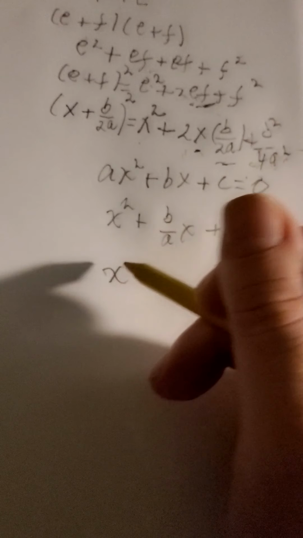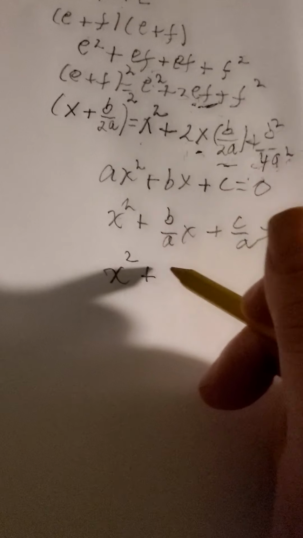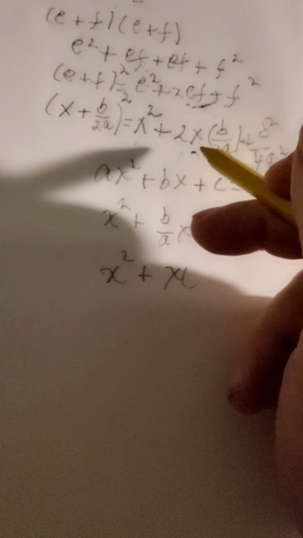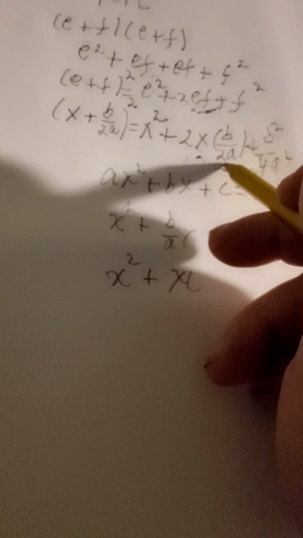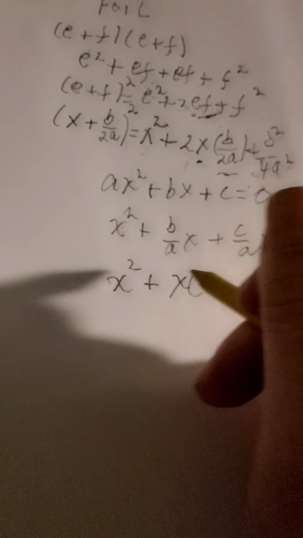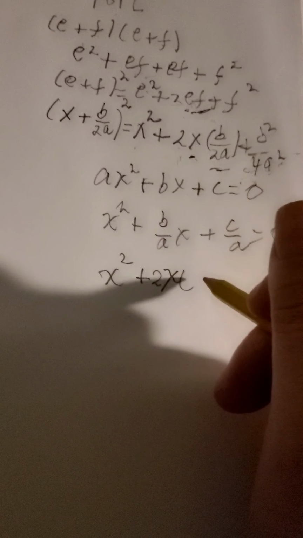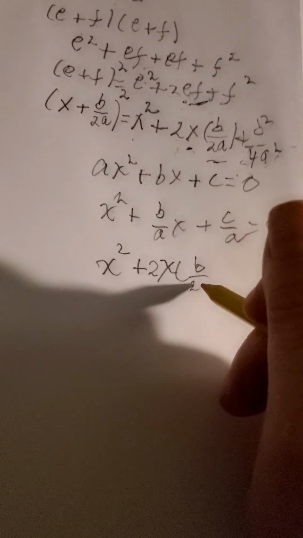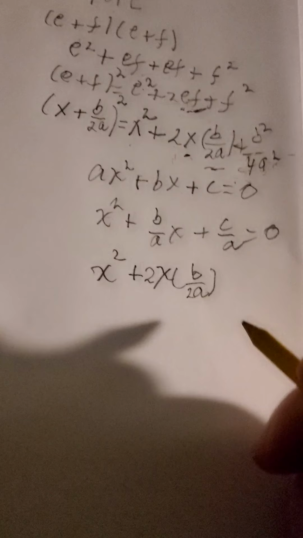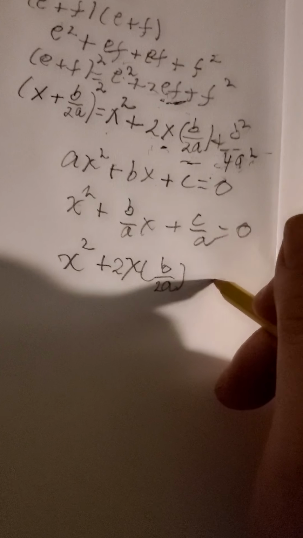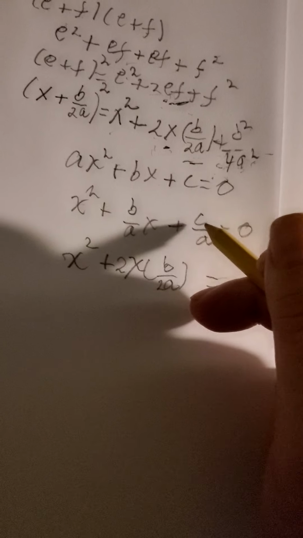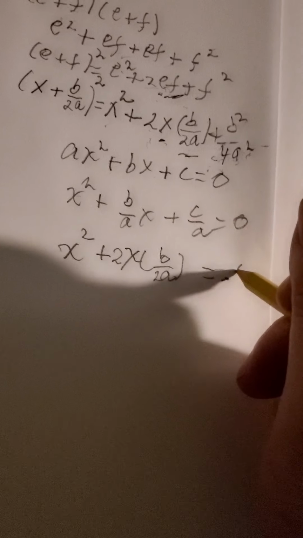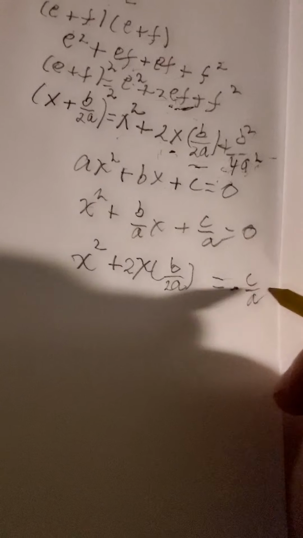So I'm going to write x squared plus, I'm going to put the x in front, b over 2a times 2. Okay, so I'm going to put this 2x b over 2a, like that. And I'm going to take this c over a to the other side by subtracting from both sides. So I'm going to get negative c over a, like that.